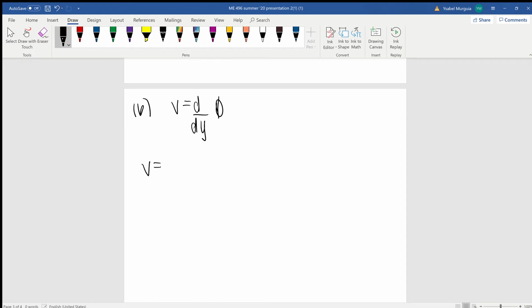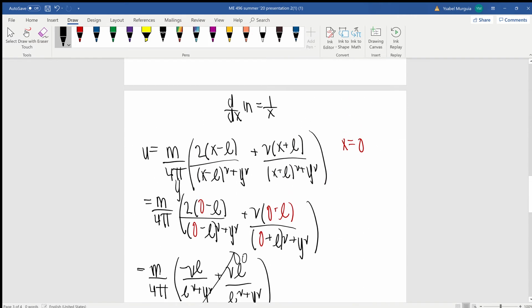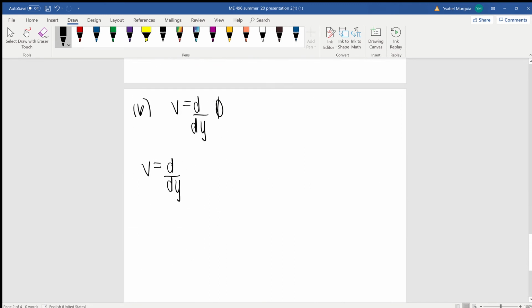So v will be equal to dy of this entire thing that they gave us in the problem, which I'm not going to recopy. I'm just going to leave it as derivative with respect to y of v. Doing this, we do get m over 4 pi, which again is still constant, so we can still pull it out.